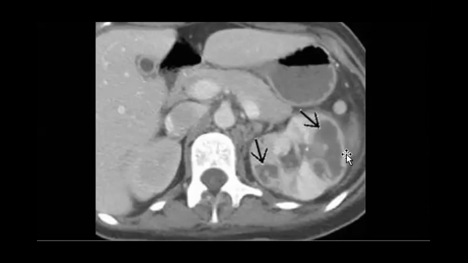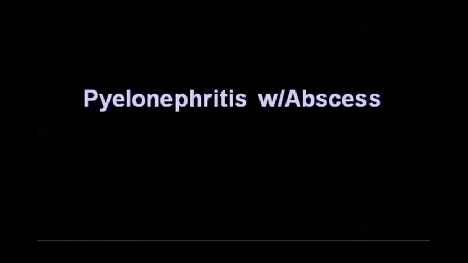Yeah, Rihan, if you find the stone and fat density, you can mention them too. But this one is just an abscess, so it is pyelonephritis complicated with abscess, yeah.